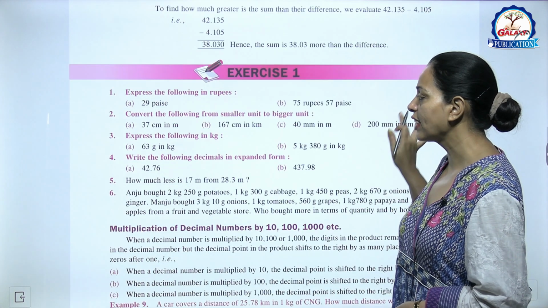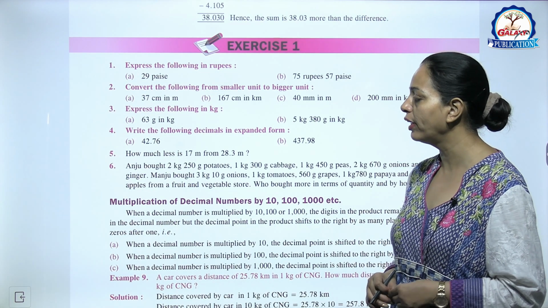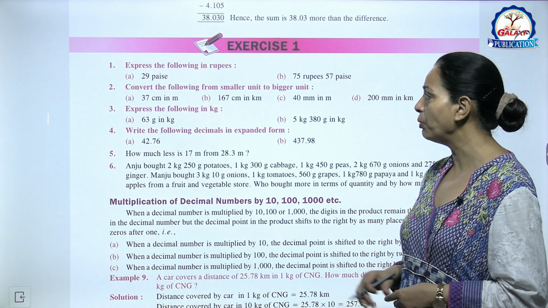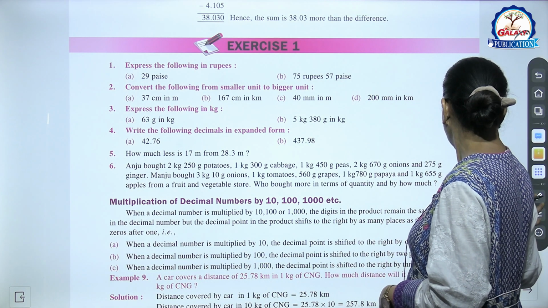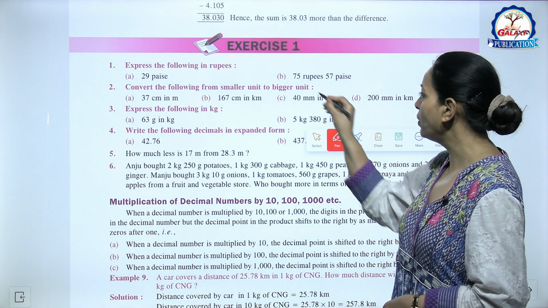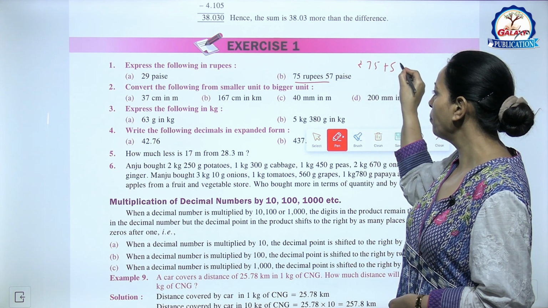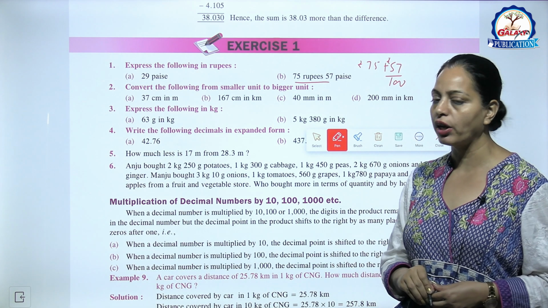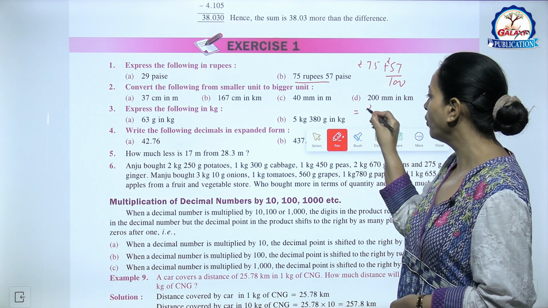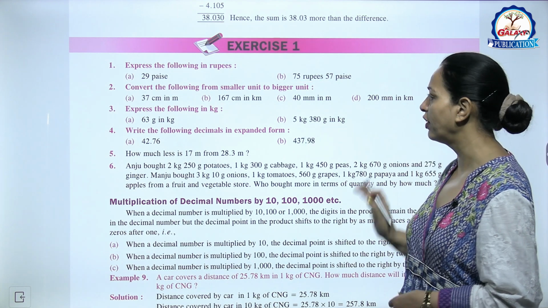Okay. Now exercise 1, based on such type of examples. Like question number 1, express the following in rupees. Like B part, 75 rupees 57 paise. So 75 rupees as it is plus 57 पैसे को हम convert कर देंगे rupees में, 57 upon 100. So what will you get? Rupees 75.57. Okay.